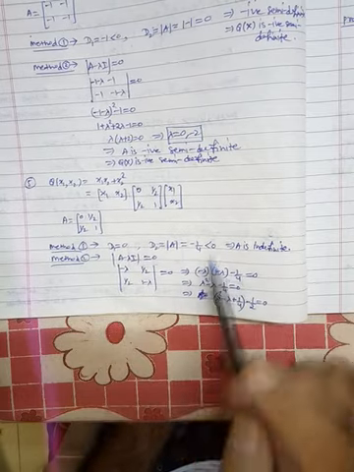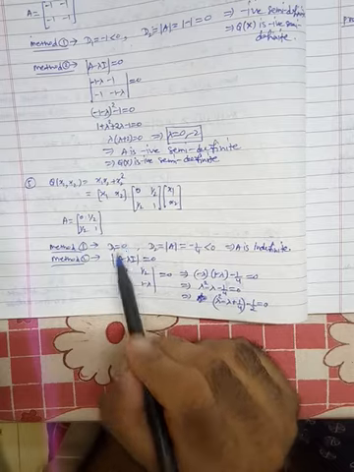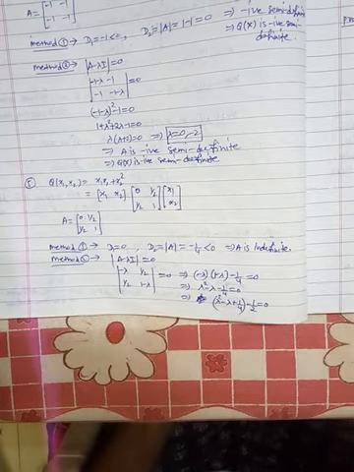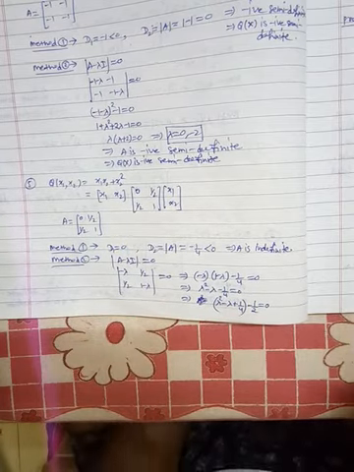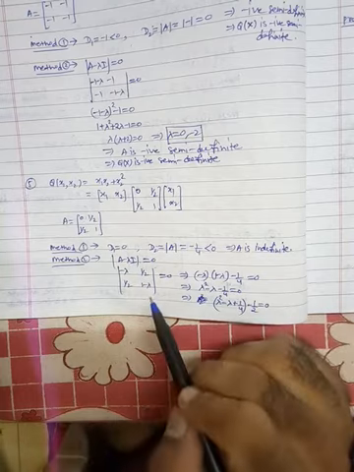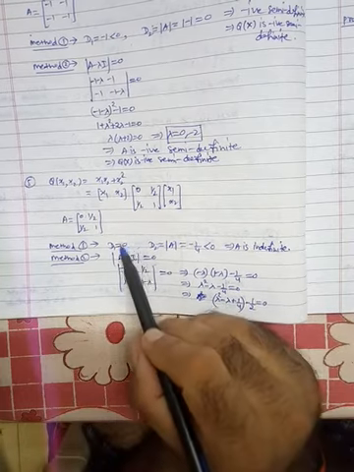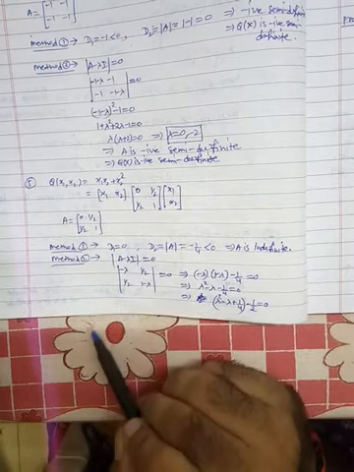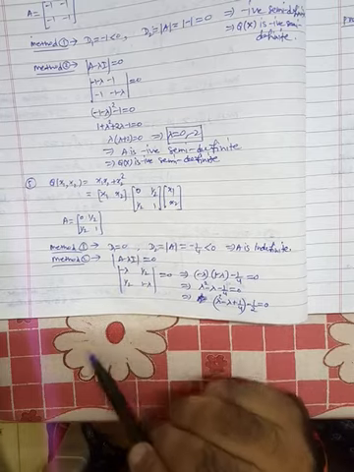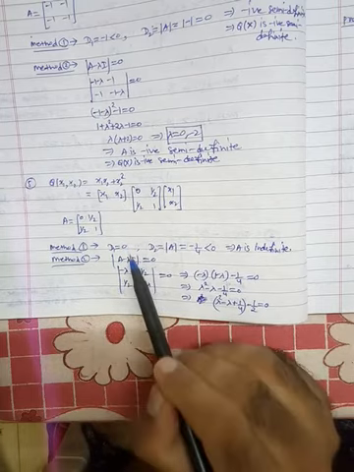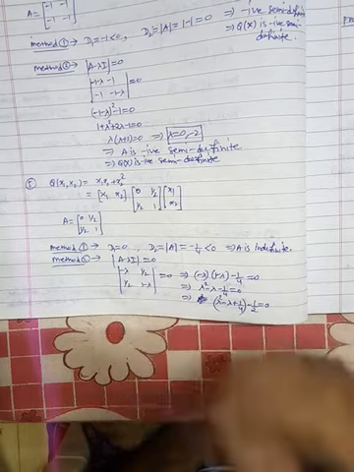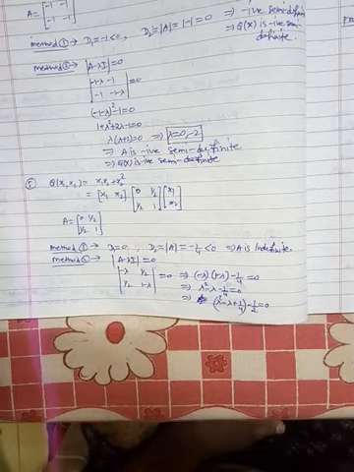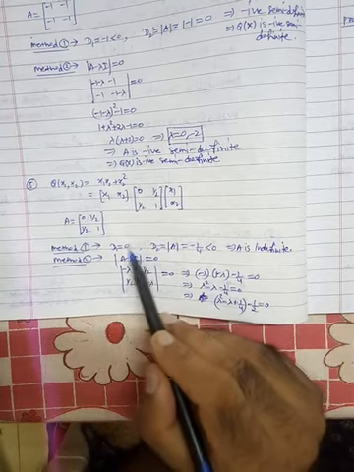Fine. So here you will see that this is indefinite. Why is this indefinite? Why is this not negative definite? Because in negative definite the condition is that the first term should be negative. Here we have 0, neither negative nor positive. It is both negative as well as positive. But in the negative case this should compulsorily be negative.